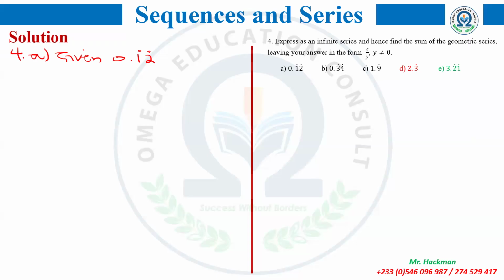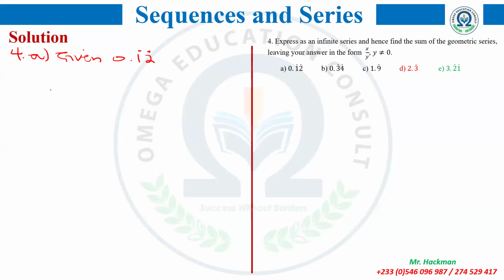So we are still looking at a situation where your recurring digits come immediately, directly after the decimal point. However, this time around, how many recurring digits do we have? Two. The previous one, we had 1.